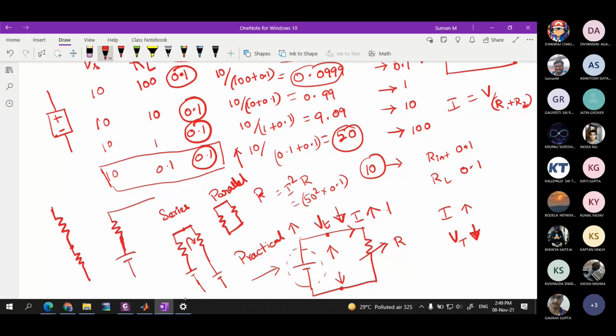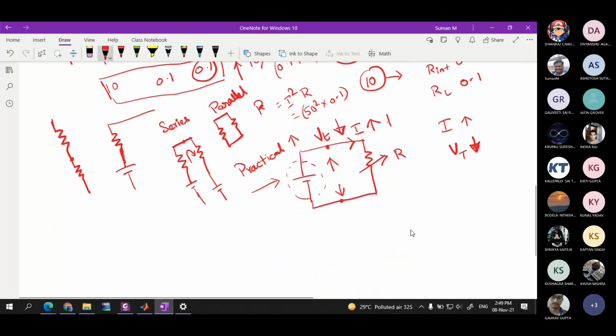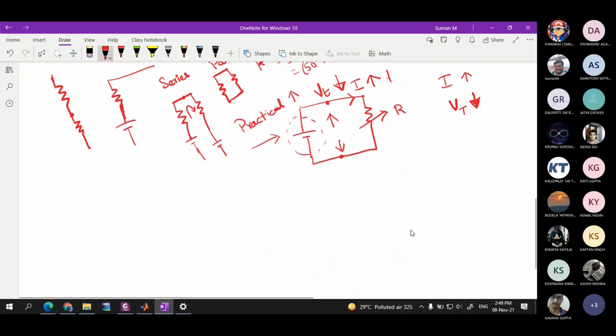This is sufficient now. Okay, so if a resistor is connected in parallel with the voltage source, actually here these two elements are in parallel.